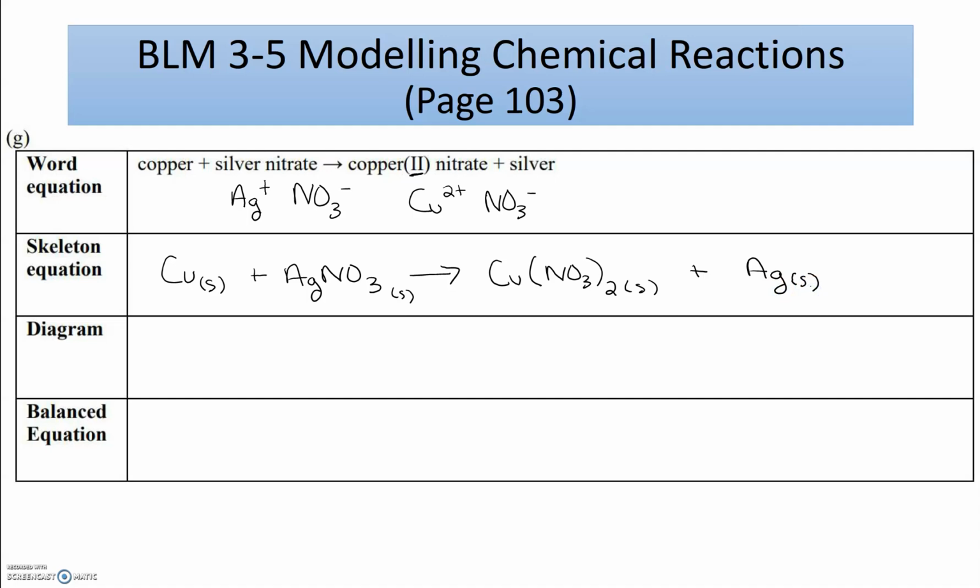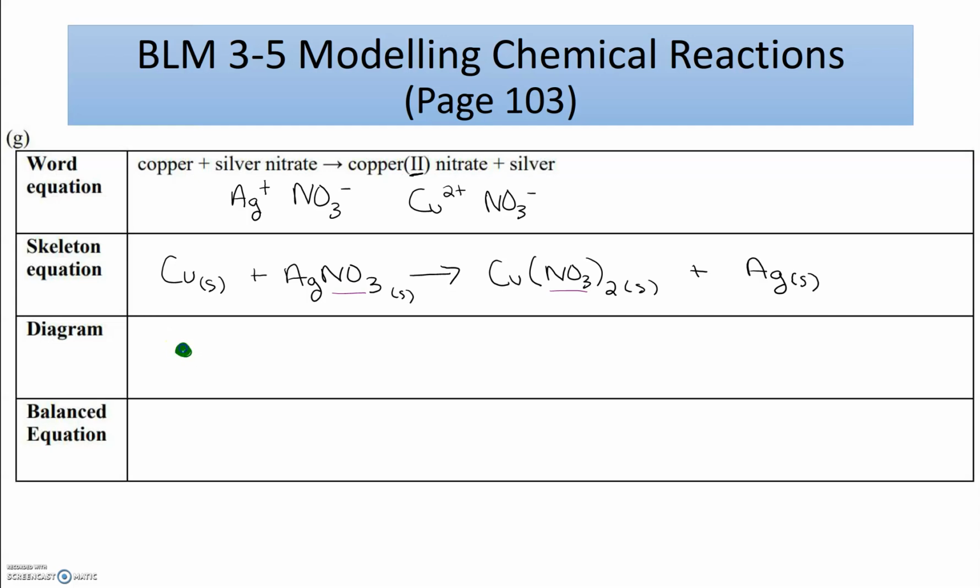So when I take a look at this, I've got a polyatomic ion, that nitrate. And so I want to treat nitrate as a unit. So I'm only going to do 1 color to represent nitrate. So let's do our diagrams. So copper, I'm going to make copper green.